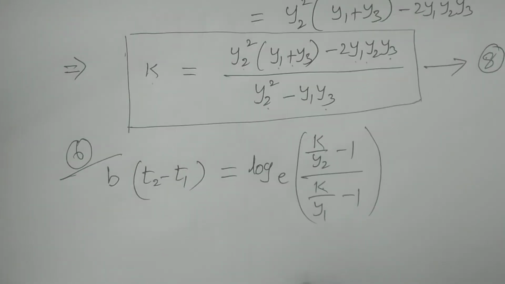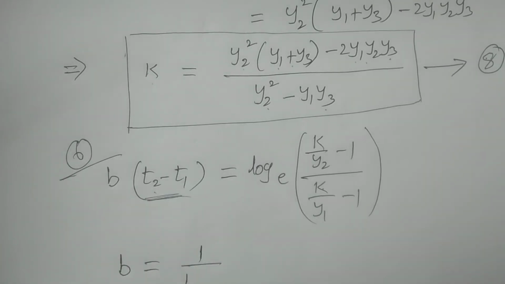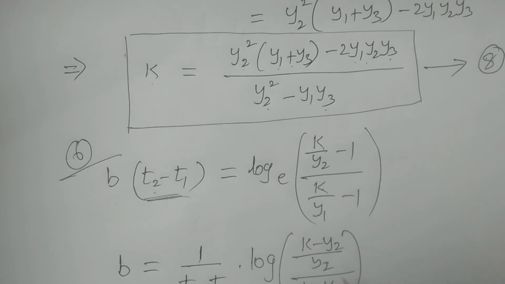So b is equal to 1 by (t2 minus t1) into log, taking t2 minus t1 to the right hand side. If you simplify this, it is (k minus y2) divided by y2, and divided by (k minus y1) divided by y1. I have taken LCM y1 here, y2 here.